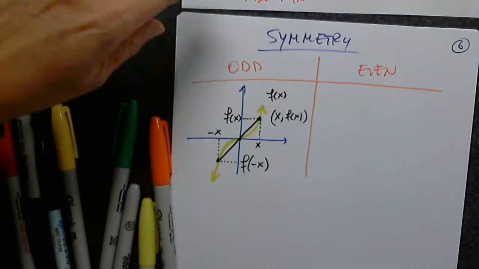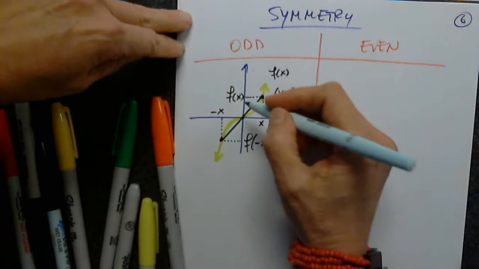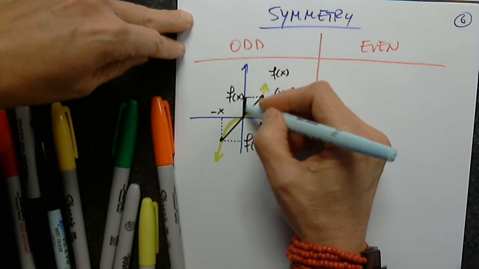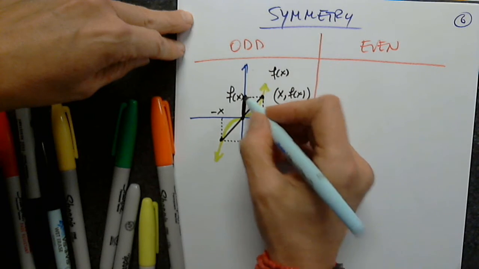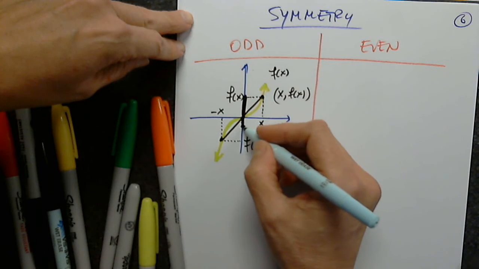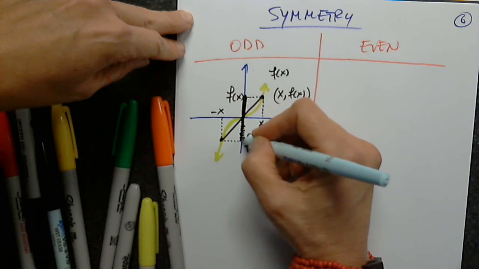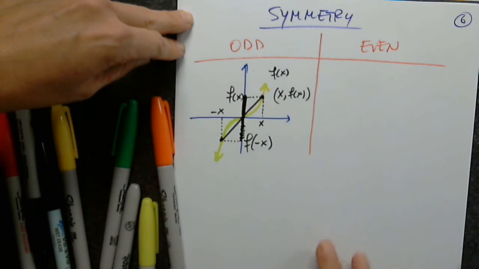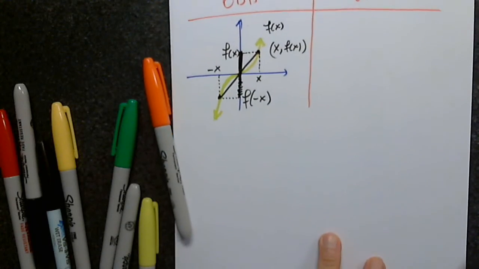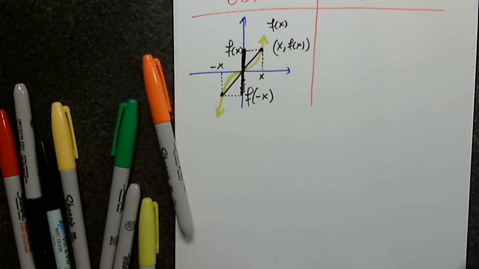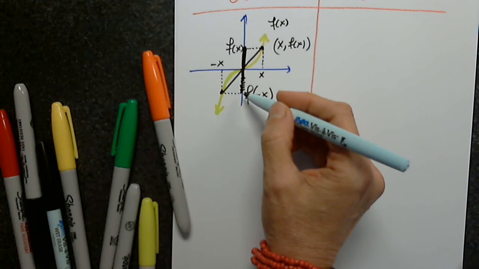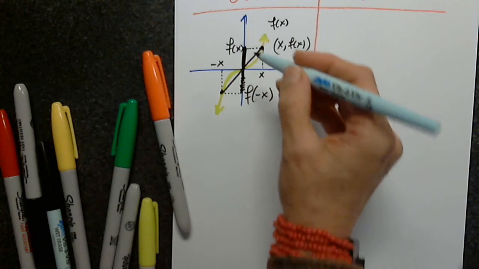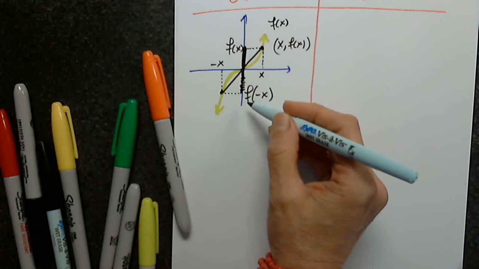So now I would like you to tell me what is the relationship between this piece from the origin to this point and this piece from the origin to this point. And that is the relationship that any odd function has to fulfill. So if this is 10, what should this one be for sure? Good. If this is 5, this should be? Good.